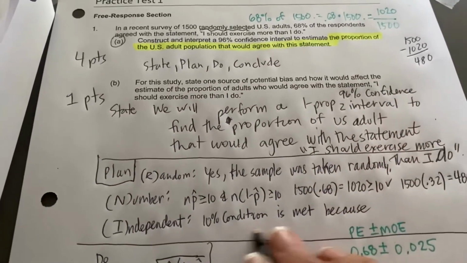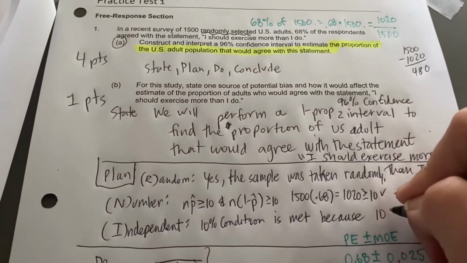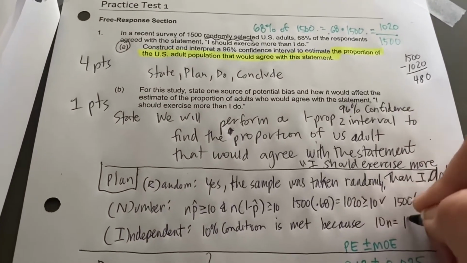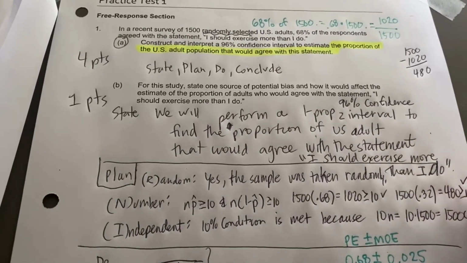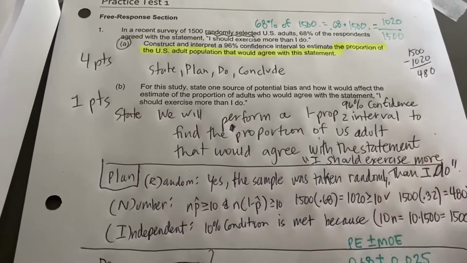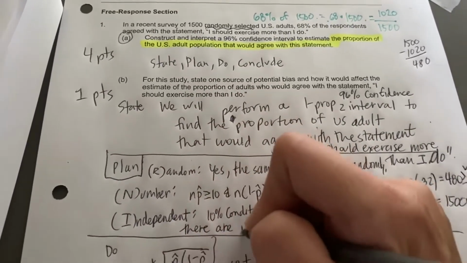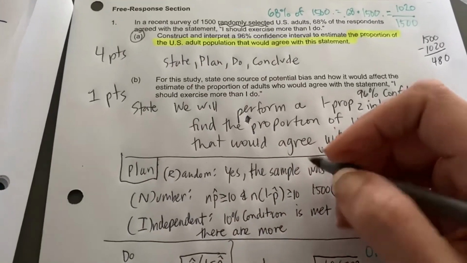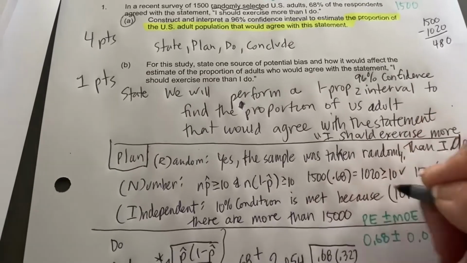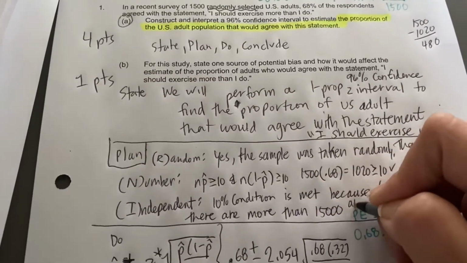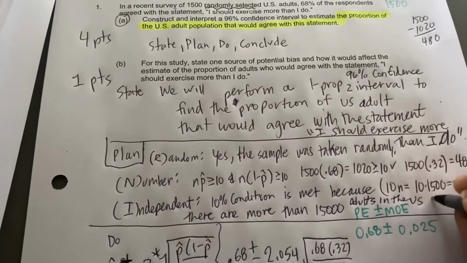So I'm going to say the 10% condition is met because 10 times N, which is equal to 10 times 1,500, which is equal to 15,000, there are more than 15,000 adults in the U.S. population.